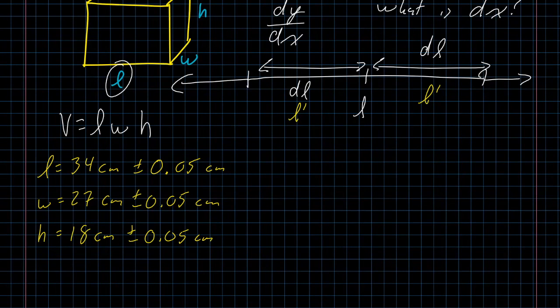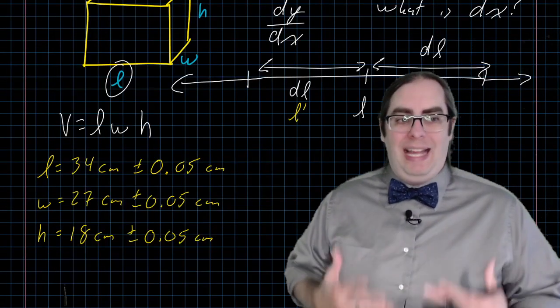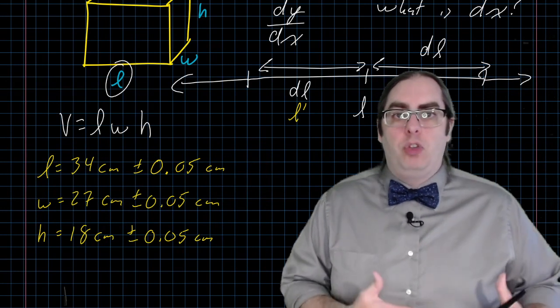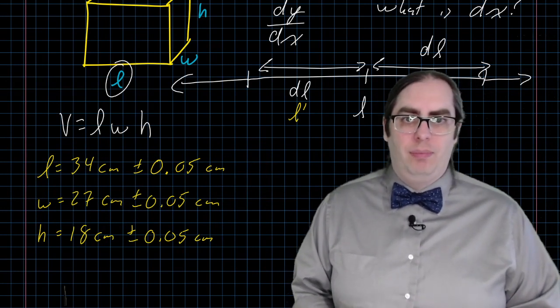From the very practical standpoint, that means that when I wrote down this measurement of 34 centimeters, it could have been as low as 33.95, and it could have been as high as 34.05. The meter stick, the tool that I used to make that measurement, will not allow me to say any more specifically what the actual value of the measurement is.